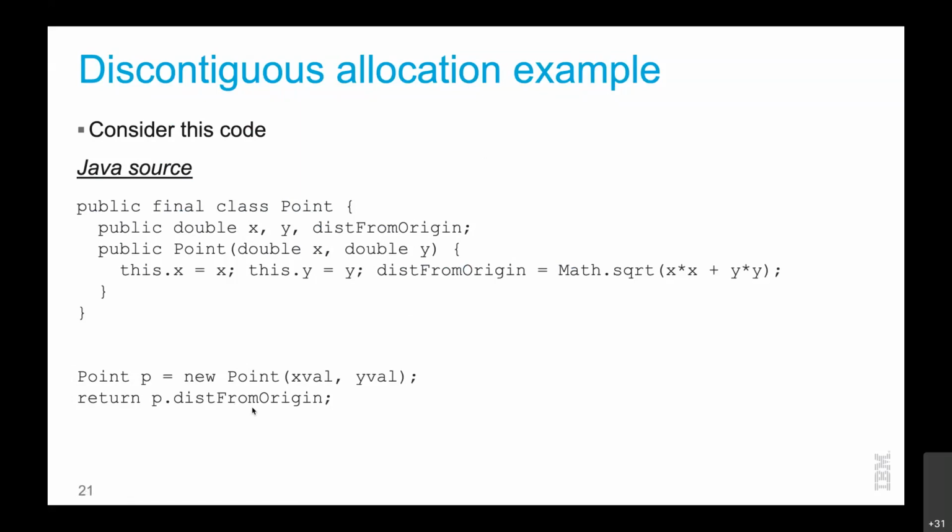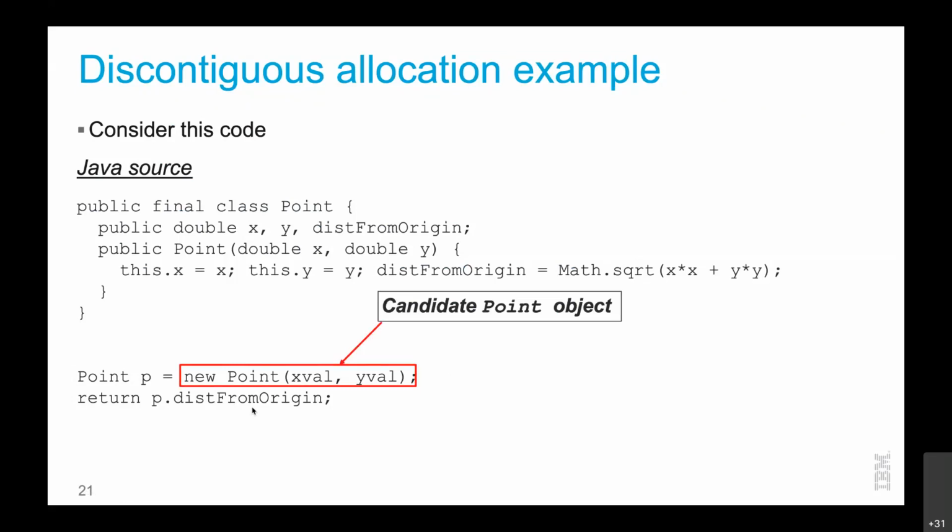You can imagine a situation in which there are much more complicated operations going on in the constructor, and you might create a value, perhaps a calendar value or something like that, and pull out a single field or a small subset of fields. This is the sort of situation this is meant to illustrate.